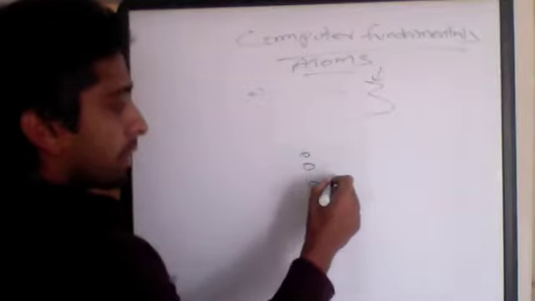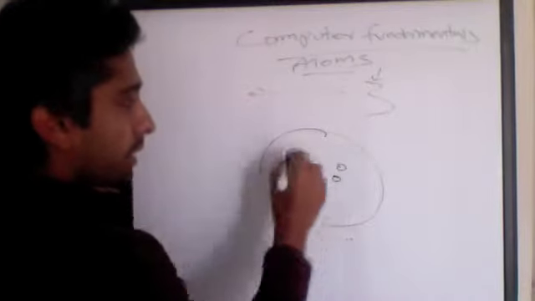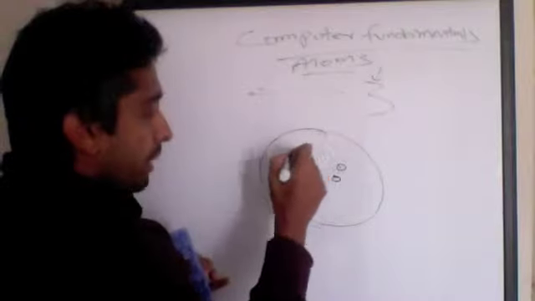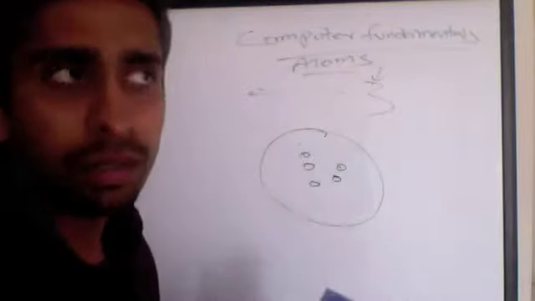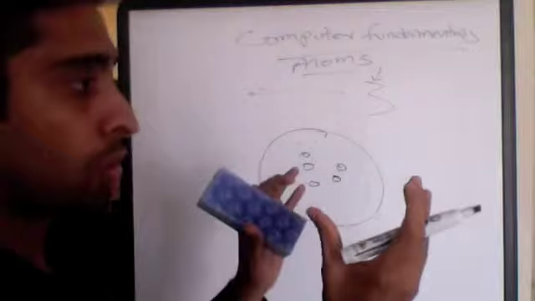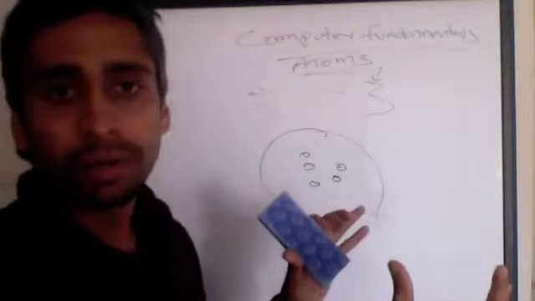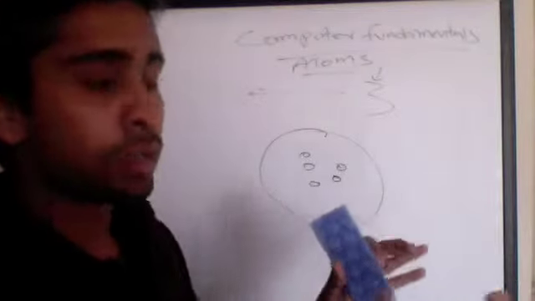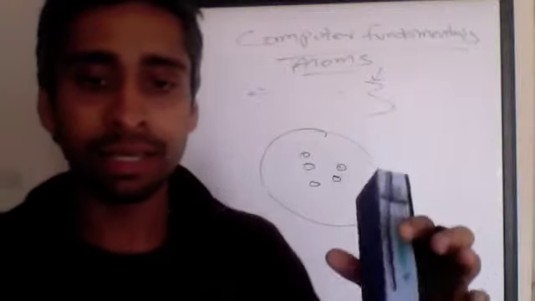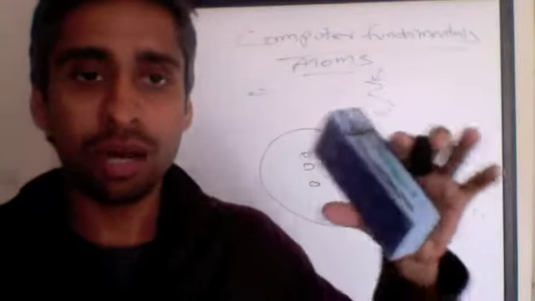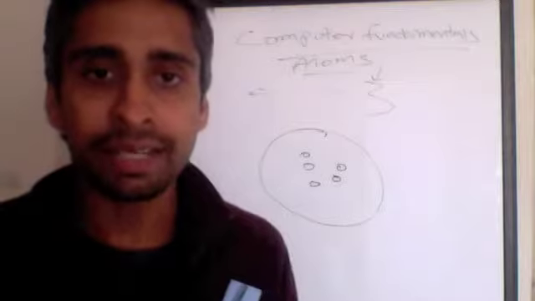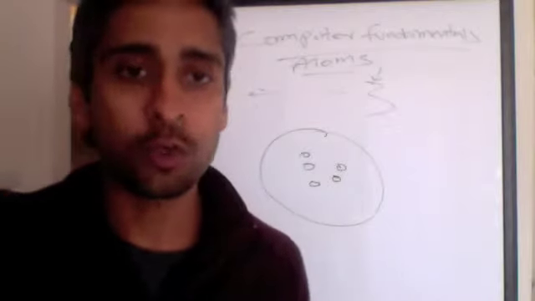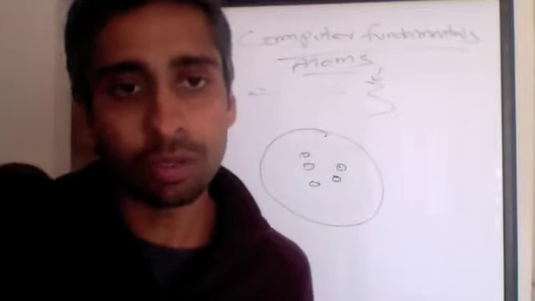You will have lots of these negative particles inside a cloud of positive charge, or a positive batter. So consider it as a cake, where the positive charges are the cake itself, and the negative charges are, say, the cashews or the plums that you put on top of it.